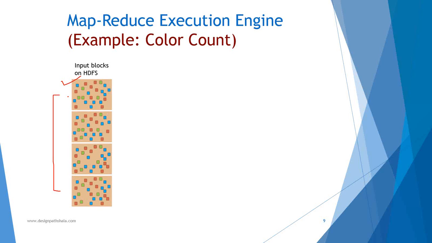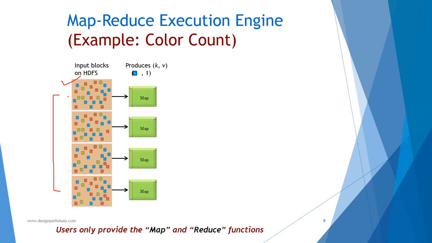So I'll create a key and value pair of my data. By key and value pair, I mean I create some key which uniquely represents the data I want to process. Here my key would be the color. I'll pass the data to my mapper function in such a fashion that the mapper receives a key and its value.